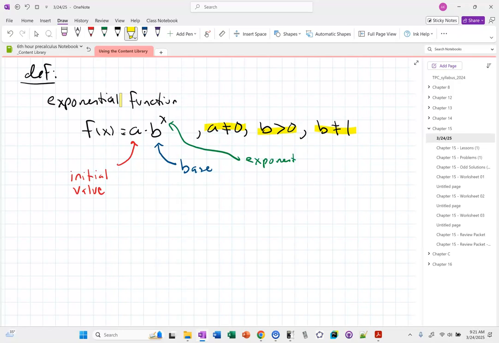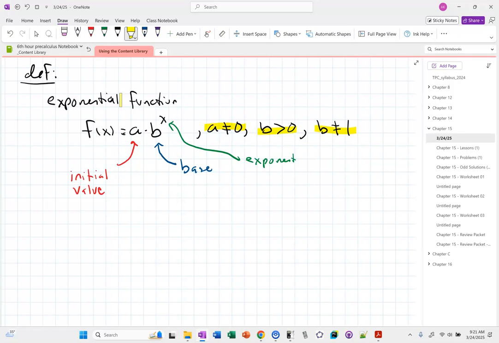That's not exponential, so that's not what we're looking for. And then we have that b can't be 1. What would happen if b was 1? Well, 1 to the x is just 1, so you're left with f of x equals a, which again, is a constant function, not exponential. We don't want to include that.